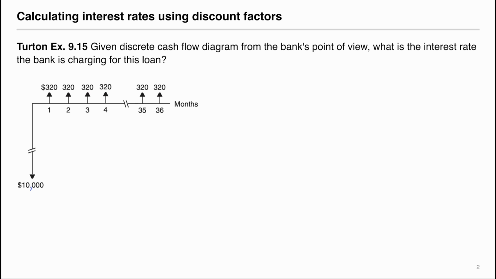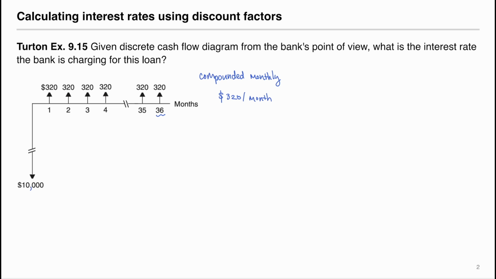And then in a consecutive 36 months, so this is compounded monthly, the bank was paid back each month $320.